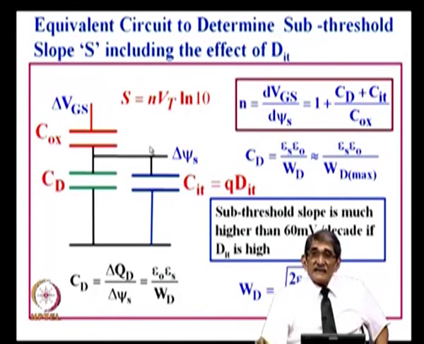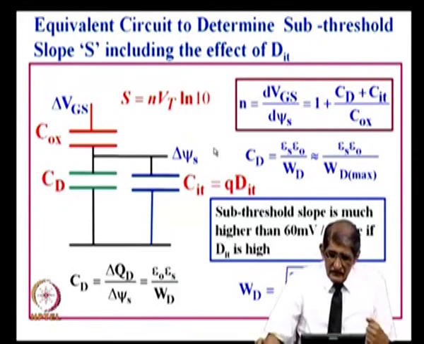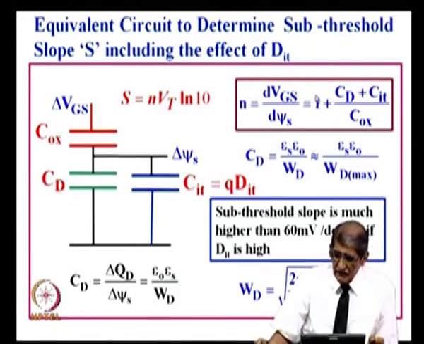That gives rise to an additional capacitance which you put across this. So, delta V g s by delta psi of s: instead of 1 plus C d by C oxide, you have 1 plus the effective capacitance, which is the sum of C d plus C it. So, the subthreshold slope is now given by 60 millivolts into n, that is 1 plus (C d plus C it) by C oxide.